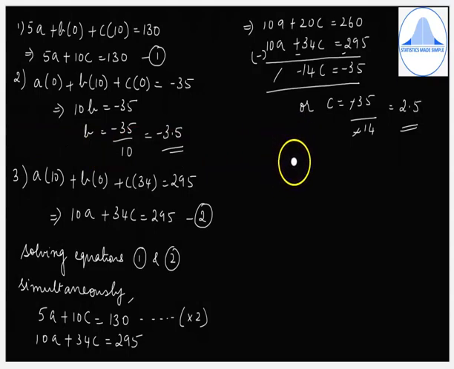Next, we have to find out the value of a. So you can take the first normal equation. So I'll take 5a plus 10c is equal to 130.